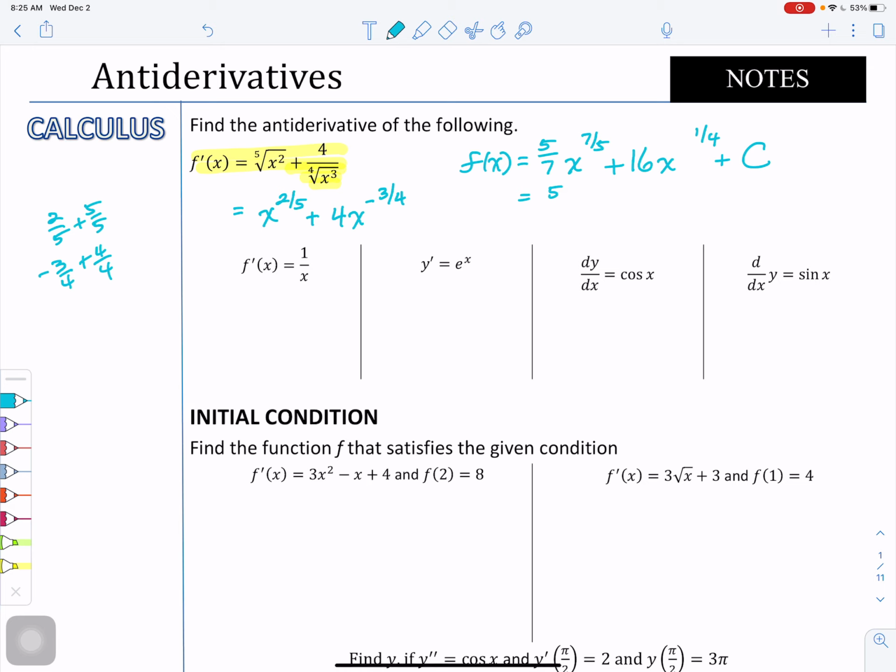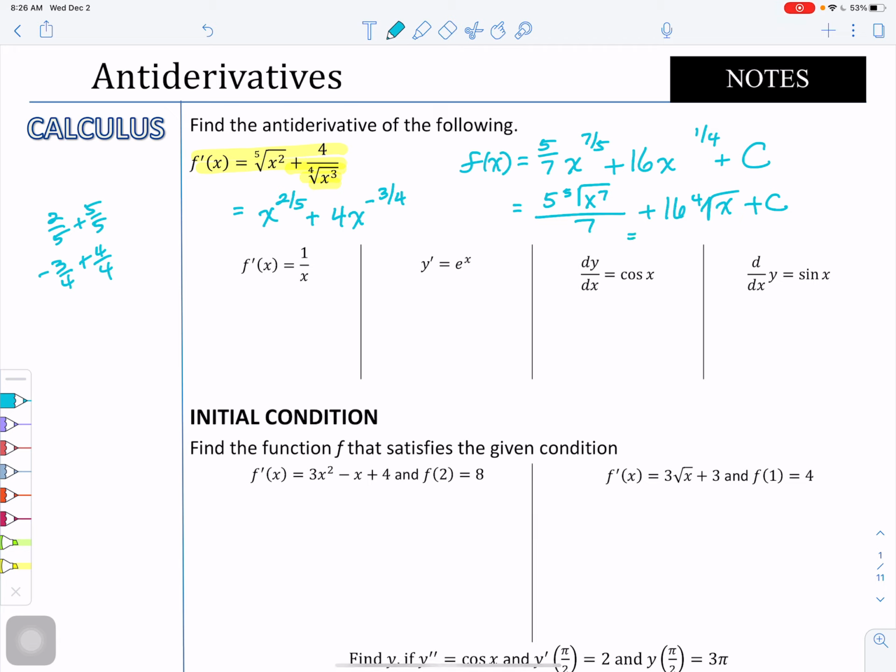So we're going to have 5 times power over root, the fifth root of x to the 7th, all over 7, plus 16 times the 4th root of x plus c.